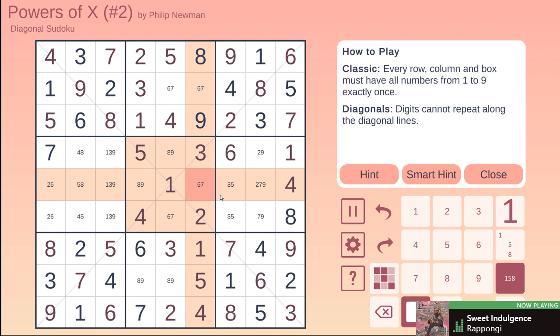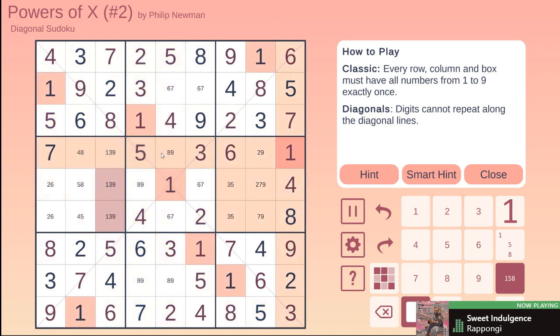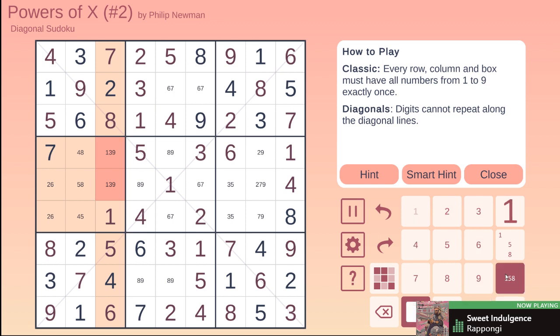Now, how do we deal with that? There has to be something. We have to be just missing like Sudoku, right? Yes, we are. Because this has to be a 1. This is a 3-9 pair. Does that help anything? Not yet. This is a trio, this is a pair.